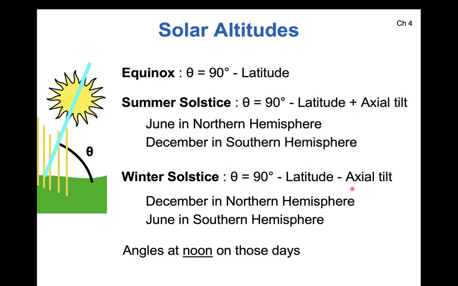Let me use the same formula here. Let's take a quick look. If we plugged in a negative, for the winter solstice we're subtracting. And if we wanted to use this for our latitude to find the altitude, I'm thinking about if we wanted to use the winter solstice formula for the southern hemisphere.